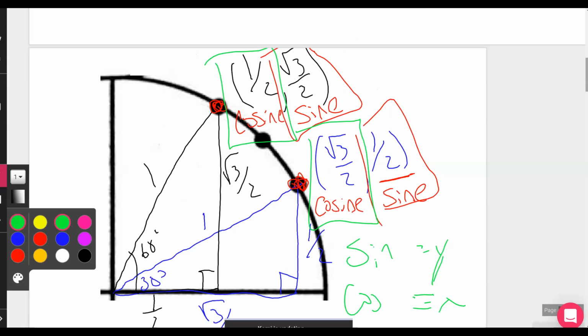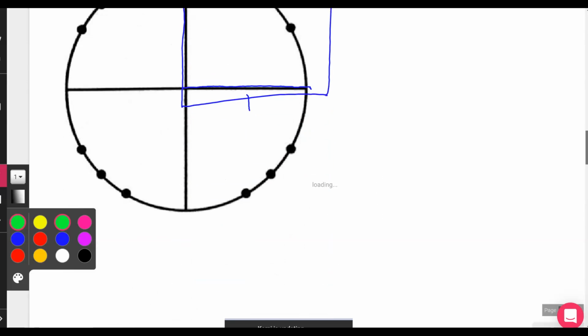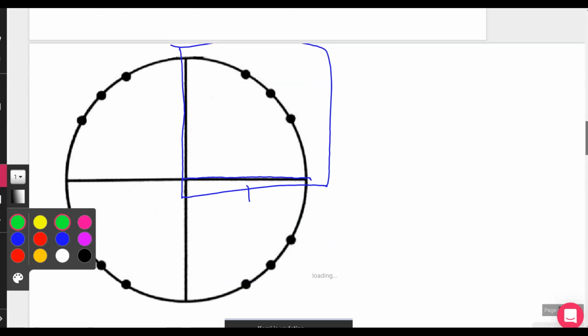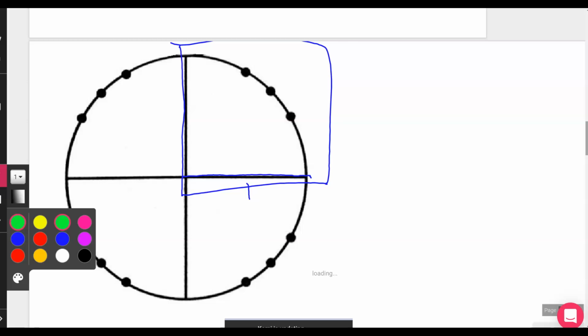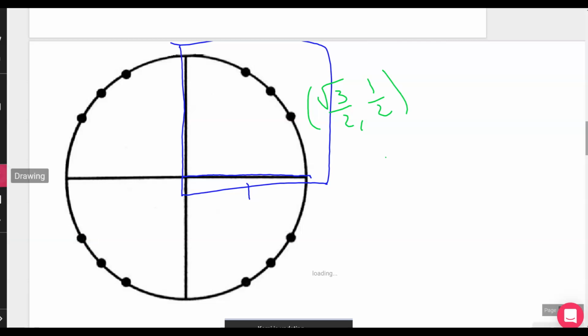So let me go back here. Let's write some other stuff because we're going to need this tomorrow. Okay? So first thing is, you know how this ordered pair was √3/2 and 1/2. What I want you to see, and this is what's going to help you kind of memorize things, is this point, this point, this point, and this point are all going to be the same, just the signs change, right?